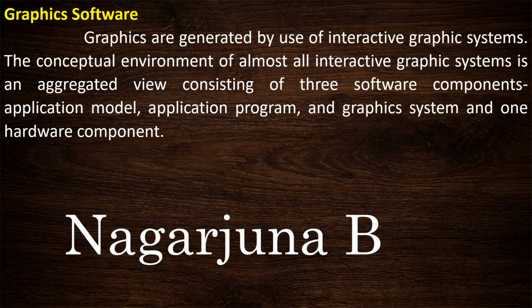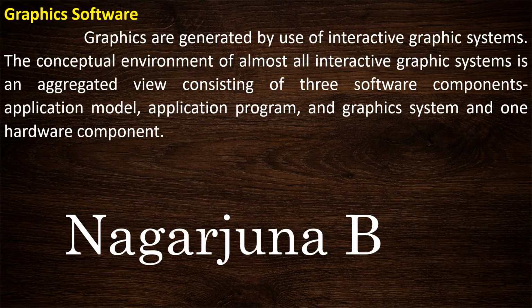Graphics are generated by use of an interactive graphic system. In generating graphics, we will be using input devices. For that purpose, just now we have seen the various kinds of input devices. Those input devices will be used for generating graphics along with the interactive graphic systems. The conceptual environment of almost all interactive graphic systems is an aggregated view consisting of three software components.